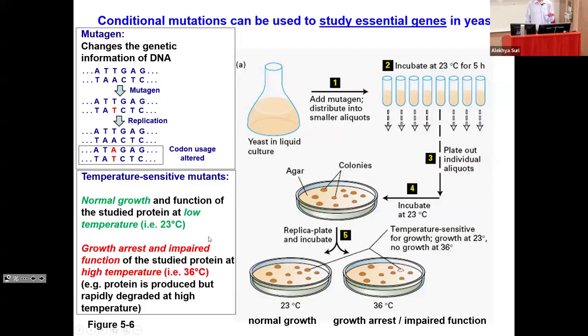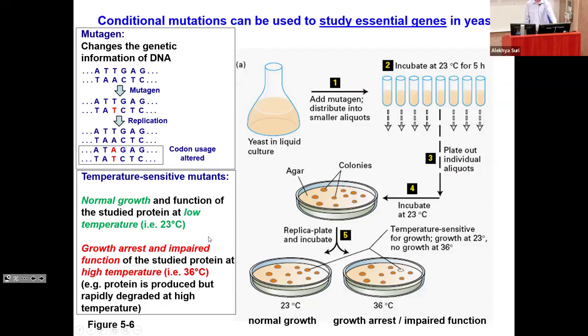This would be a way to create mutants that, in this case, would grow at room temperature, but if you increase temperature, they would not grow. So you have the same DNA, but under different conditions, you have a viable condition and a non-viable condition.